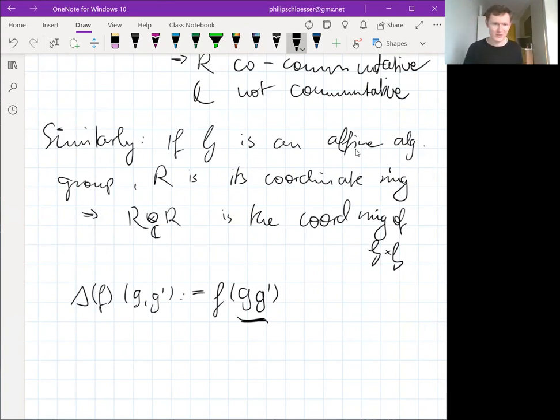You are using that you are describing a group. And similarly, the co-unit, if we apply that thing to a function, is the same as just entering the neutral element into the regular function itself.